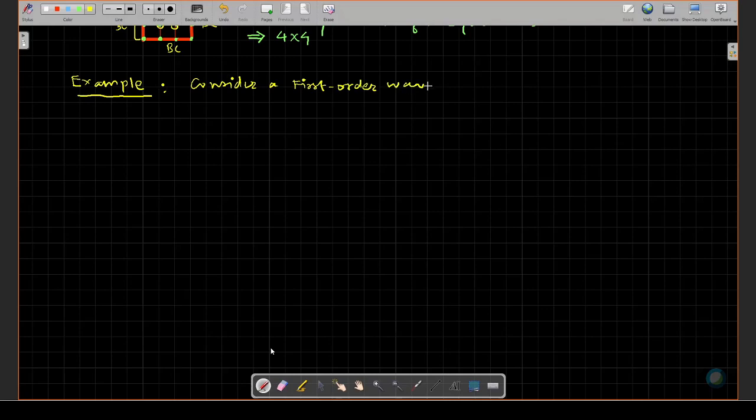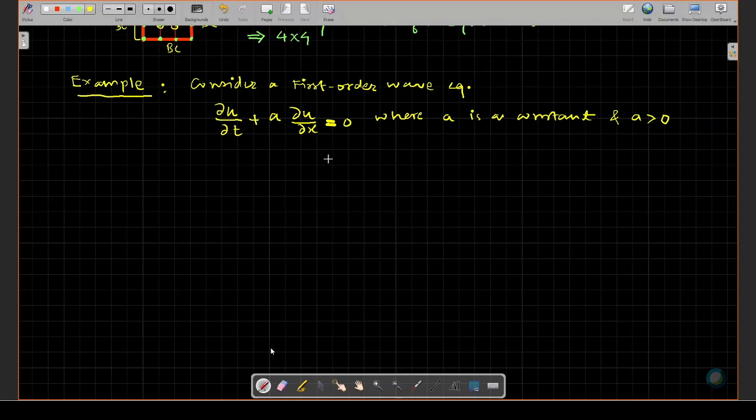Say I'm writing like this: del u del t plus a del u del x equals 0, where a is a constant. It is a constant, and a is greater than 0. It is a positive constant.